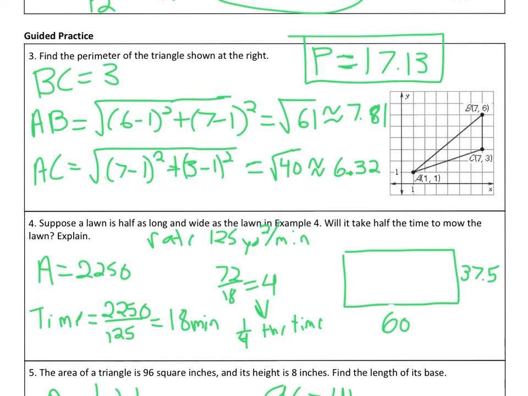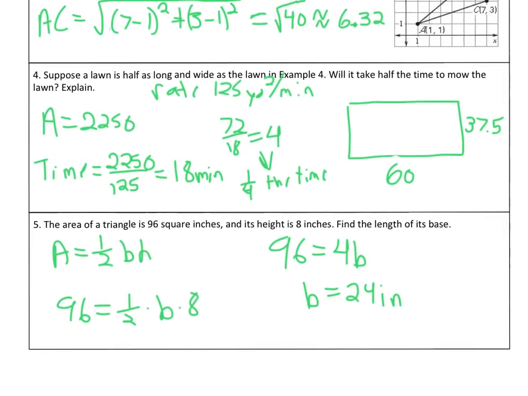I got BC was 3 units long, and then I went through AB and AC and just used my distance formula. So it's remembering how to set up and evaluate that distance formula. I took those 3 measurements I found, and I added them together to get my perimeter. 17.13 units is how much perimeter that triangle has, right?